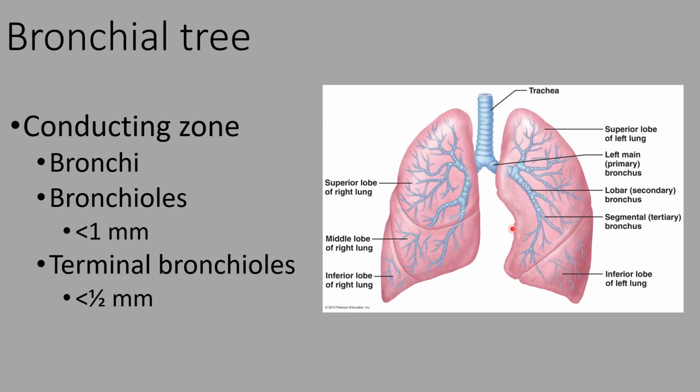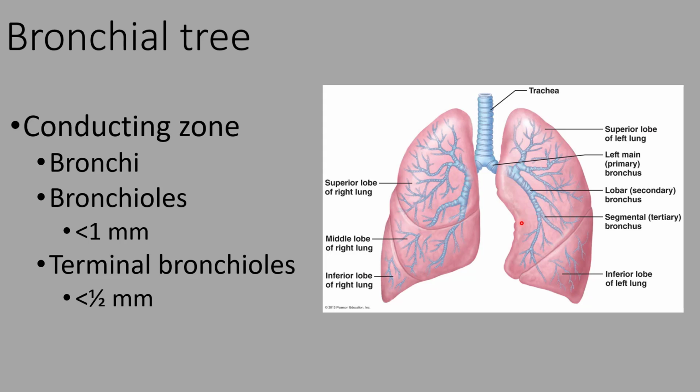Why would the left lung have fewer lobes and be smaller than the right lung? Well, even though the heart is right in the middle of the chest, remember the left side of the heart is bigger. It extends more into the left side of the chest and it displaces the lung a little bit. So the left lung is smaller and has fewer lobes.